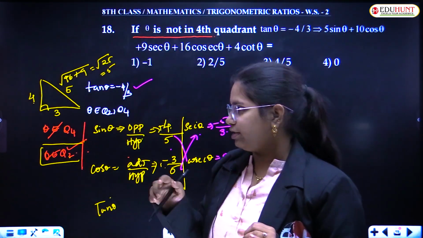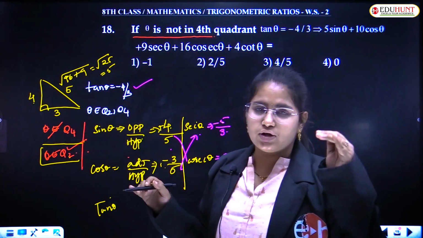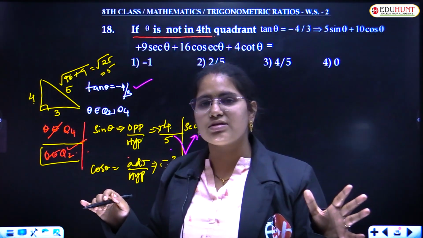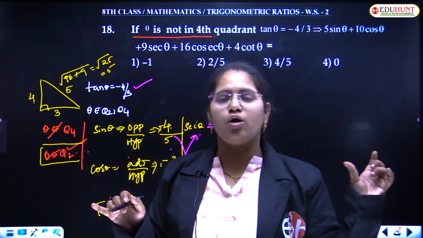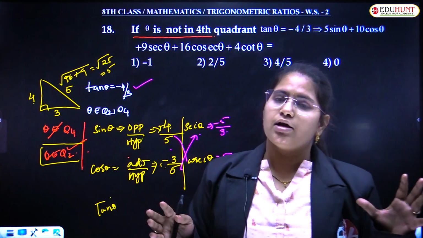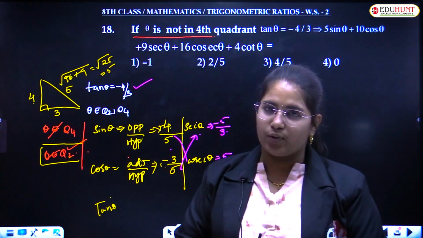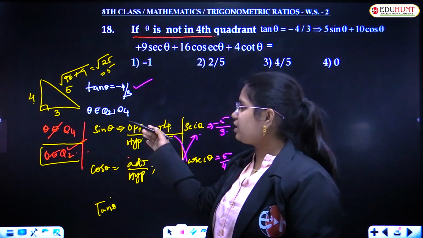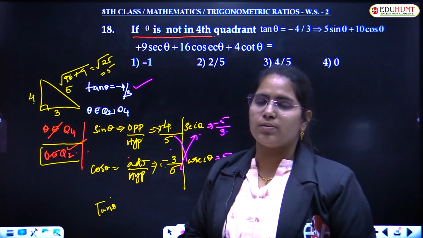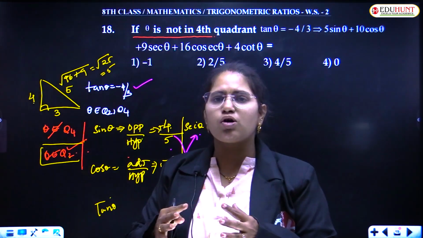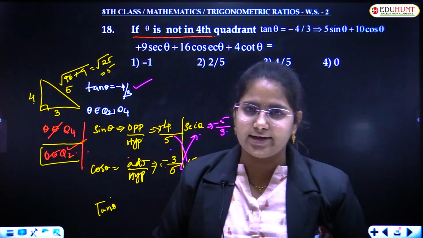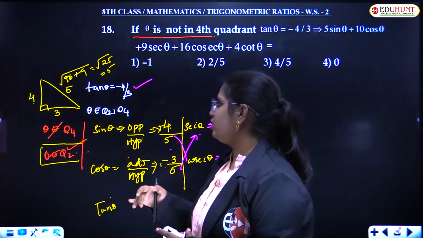All my videos are in the playlist. Go through the concepts first and then watch this video. So tan theta is minus 4 upon 3, which is opposite upon adjacent. Good. Next one.